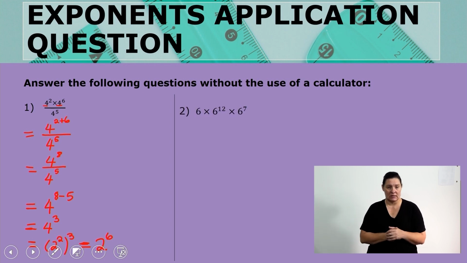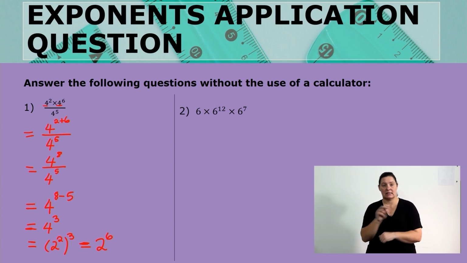Let's look at our second question here. We have 6 multiplied by 6 raised to the exponent 12 multiplied by 6 raised to the exponent 7. Now that 6 there does have an exponent 1, so we are going to add that as well. So we are going to keep the base, and because everything is being multiplied, we are going to add all the exponents.